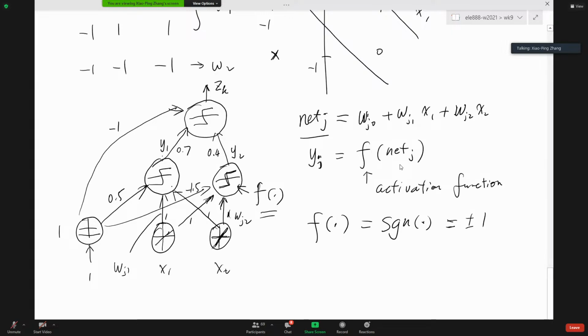This one is w22, because it's the y2, so this one is w22, and this one would be w11, because this is this neuron.